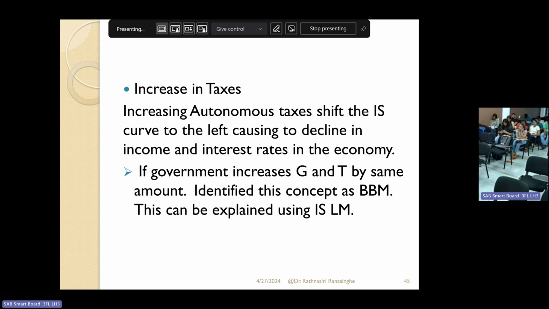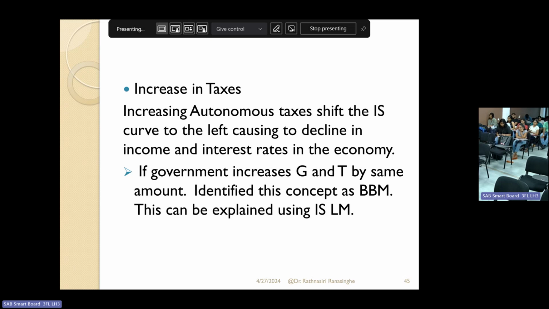So how much is the government expenditure multiplier? 1 over 1 minus 0.8, that becomes 5. And the tax multiplier, how much? Minus 0.8 over 1 minus 0.8, that means minus 4, right.